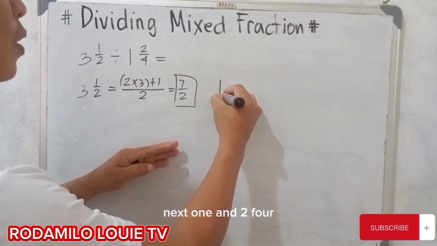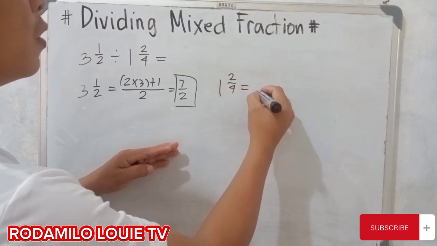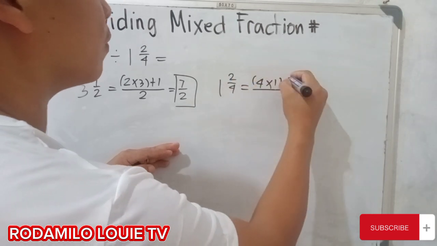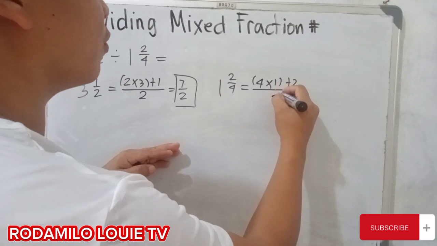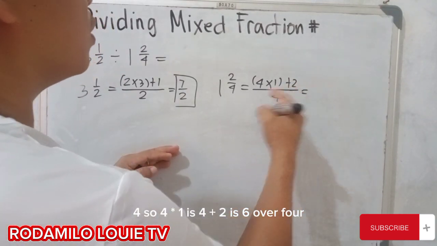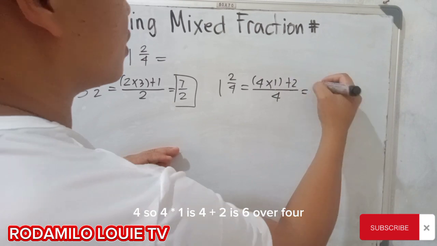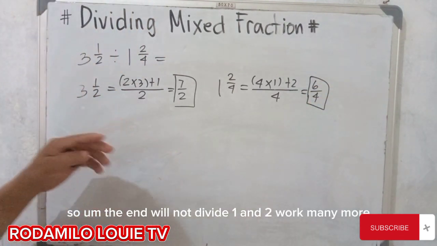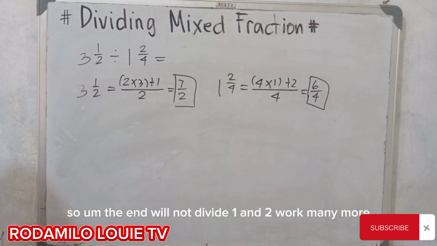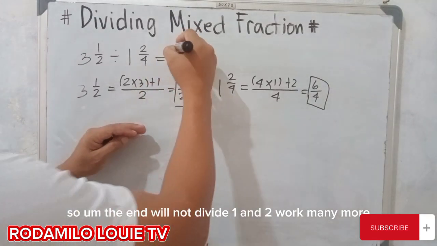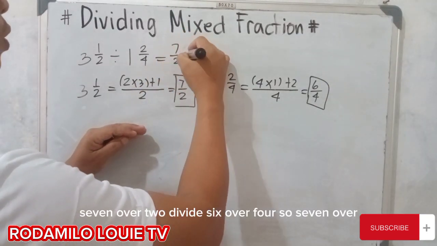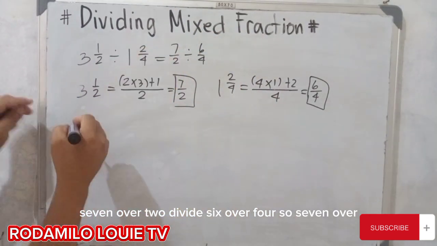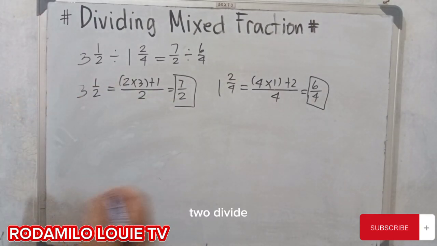Next, 1 and 2/4: 4 times 1 plus 2. Copy the 4. So 4 times 1 is 4 plus 2 is 6 over 4. So 3 and 1/2 divided by 1 and 2/4 becomes 7 over 2 divided by 6 over 4. Now we can proceed to dividing.